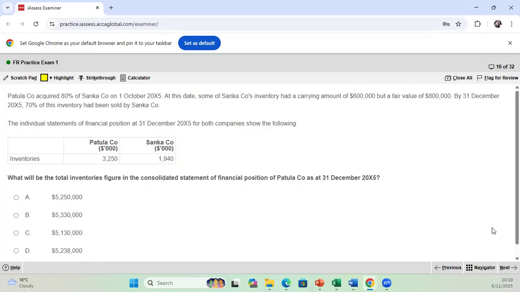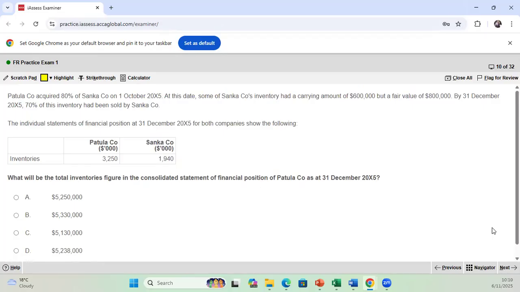So when an asset has a fair value greater than the carrying amount, in consolidation you add that fair value adjustment. But in this case, a statement later says that by December 20x5, 70% of this inventory had been sold. So what we are adding is the inventory still in the warehouse.